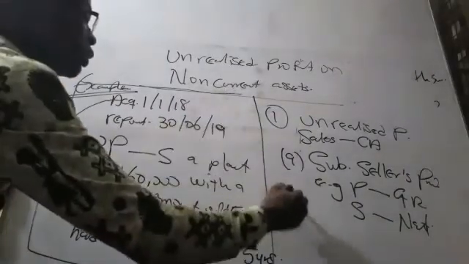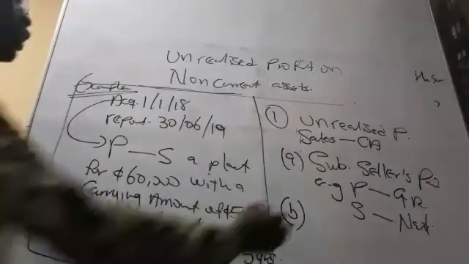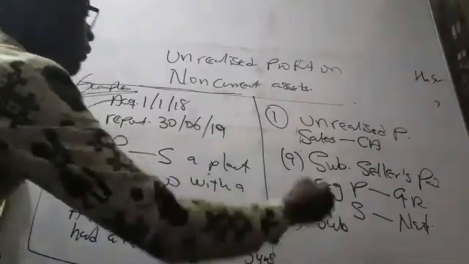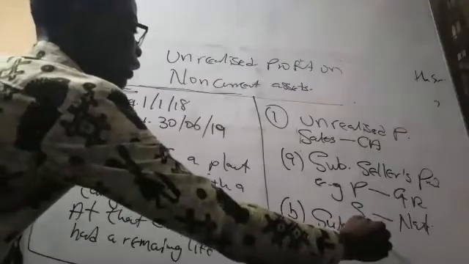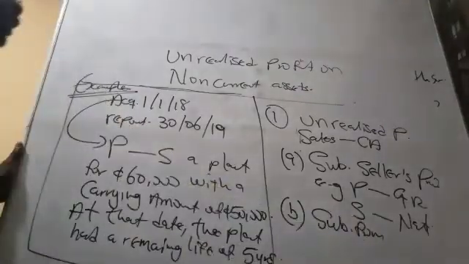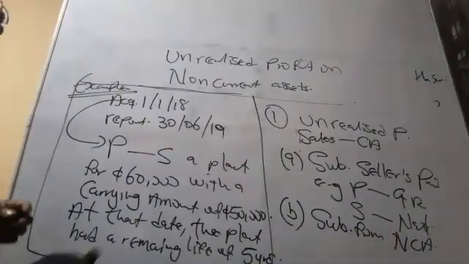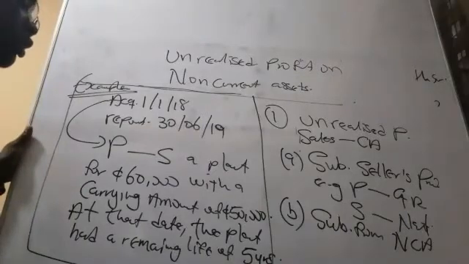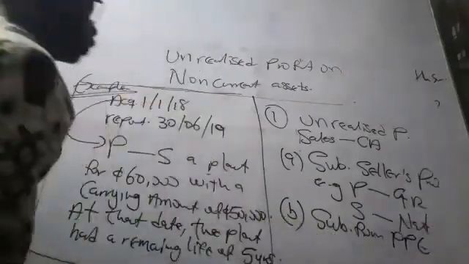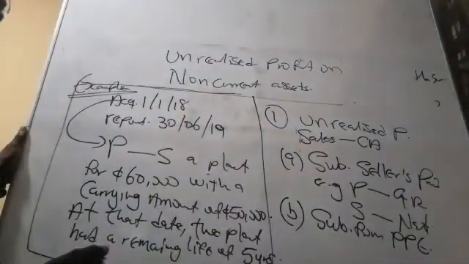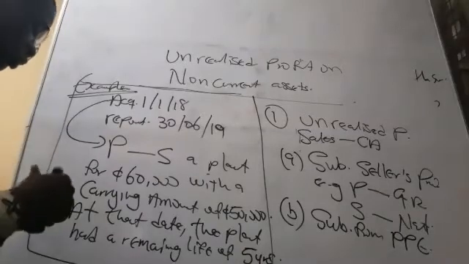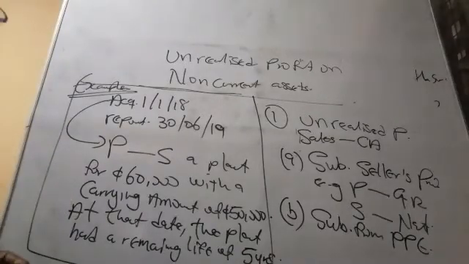Treatment number two: subtract the same figure from the non-current assets. So subtract it from the PPE on the group financial position.